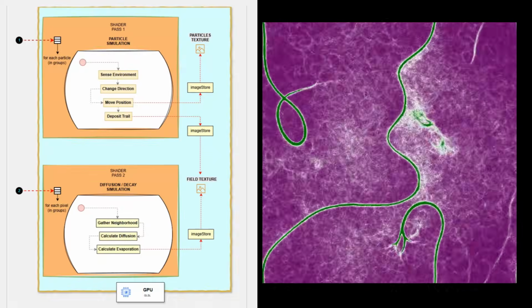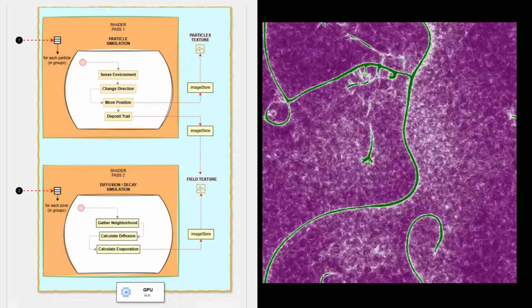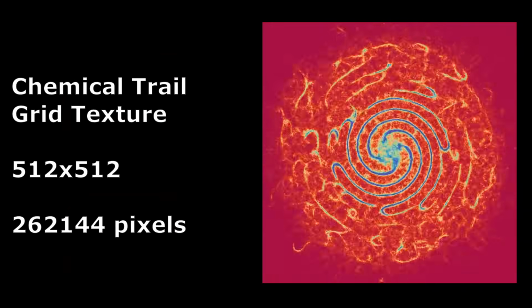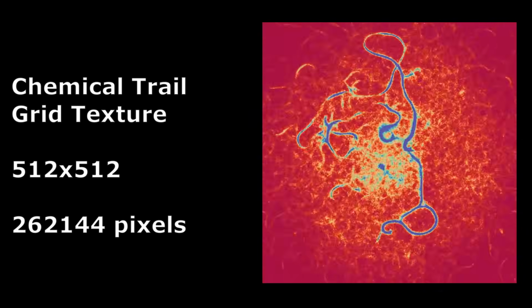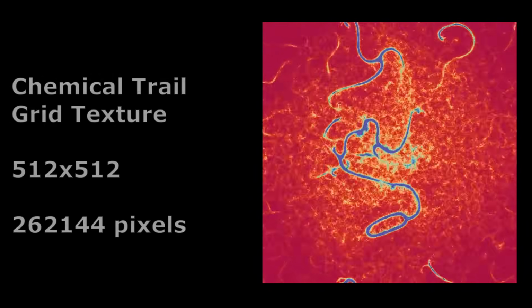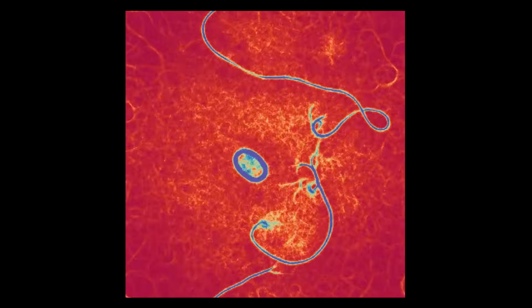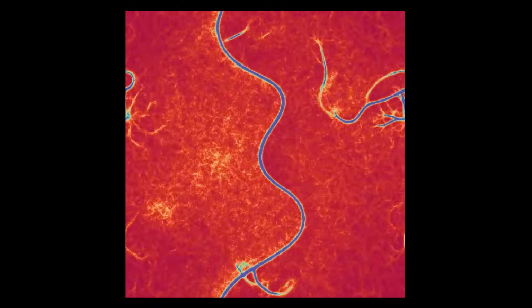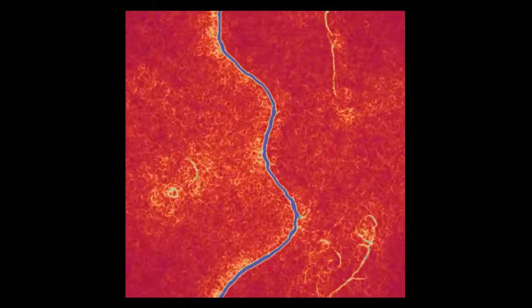Right now, we're storing the trail in a 512 by 512 texture, so the diffusion and decay logic will need to run once for each of the 262,000 pixels every frame. We could always make the trail texture bigger if we want more detail, but it's worth remembering that every increase means more cells need to be processed on the GPU every frame.